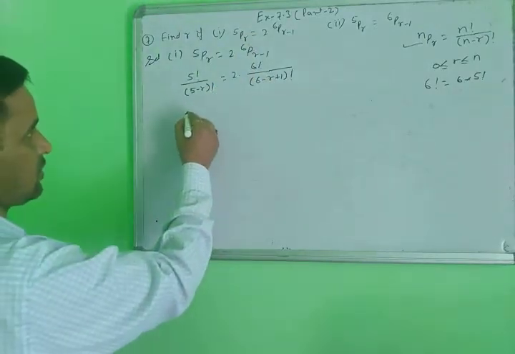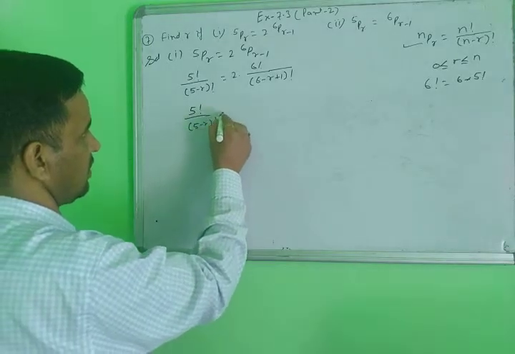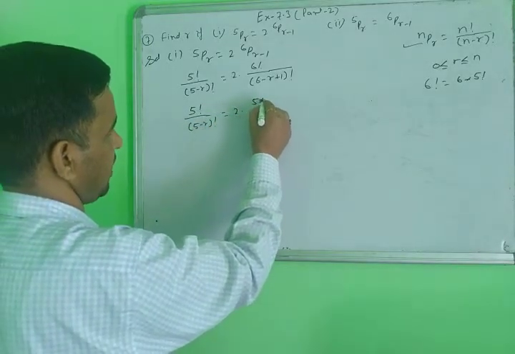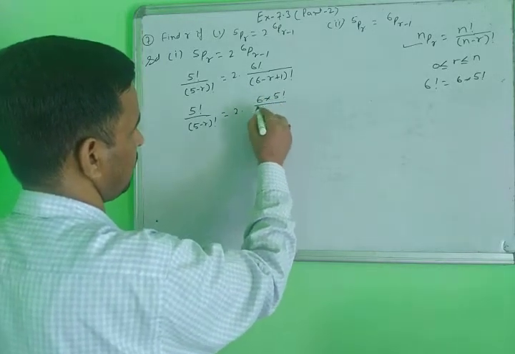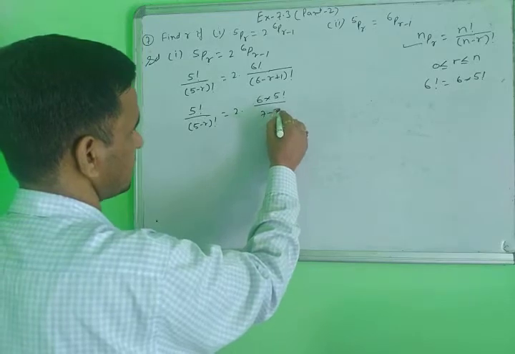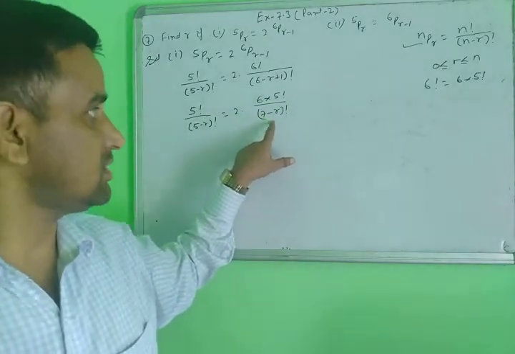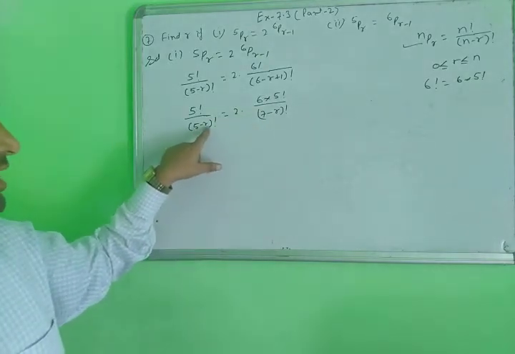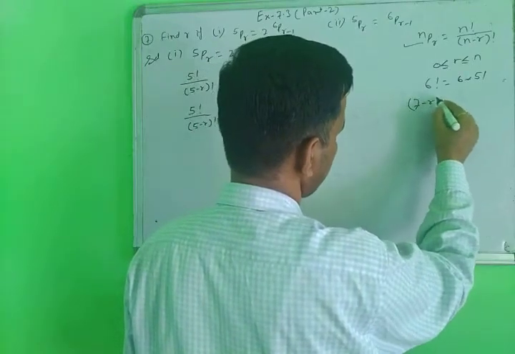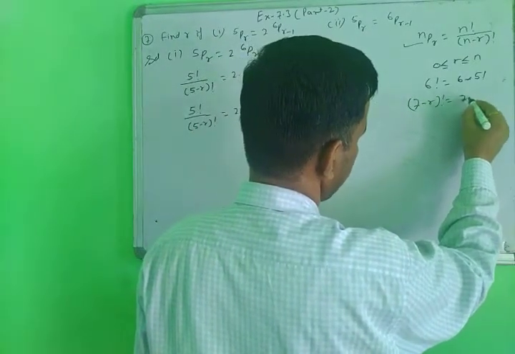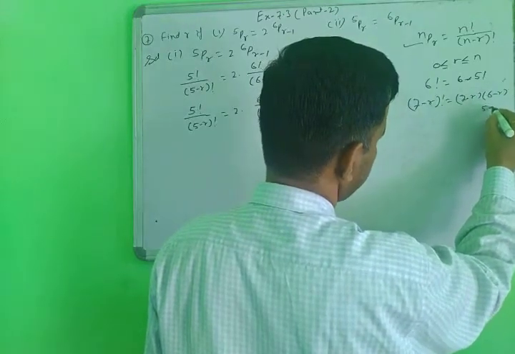So then factorial 5 upon factorial (5 minus r) equal to 2 times 6 into factorial 5 upon factorial (7 minus r). Same thing, you will break down factorial (7 minus r) into (7 minus r), (6 minus r) and factorial (5 minus r).